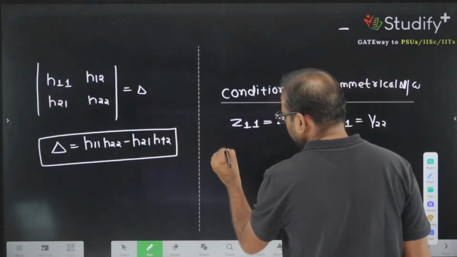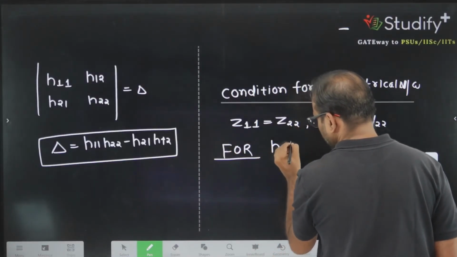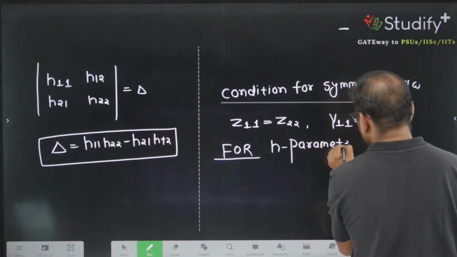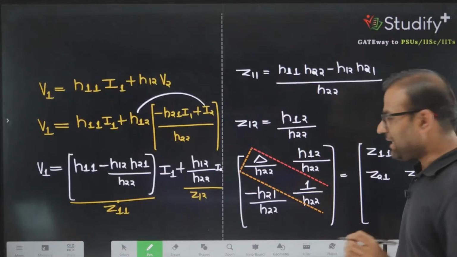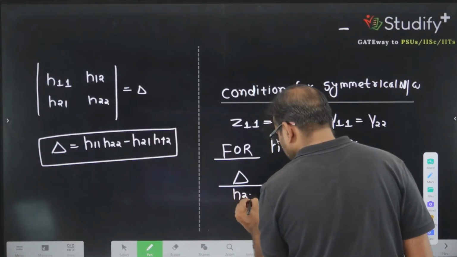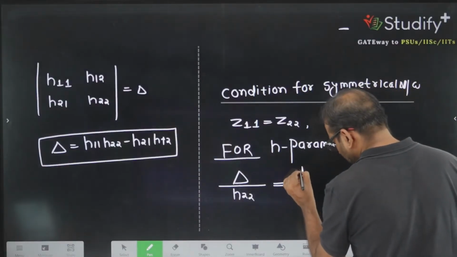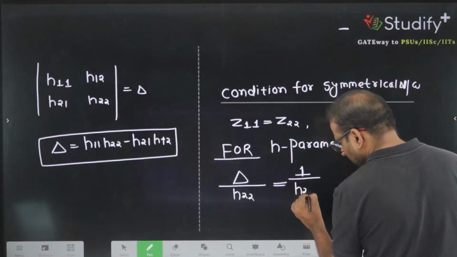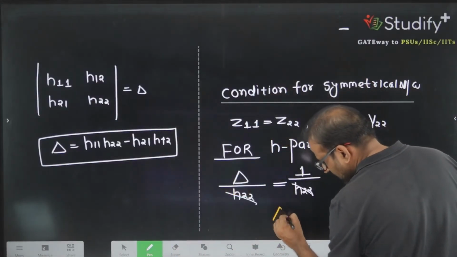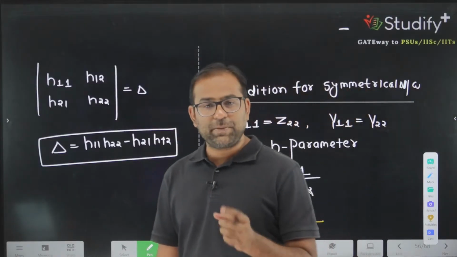So for H parameter, I can say this value del, the determinant, divided by H22, should be equivalent to 1 divided by H22. This value is cancelled. If the determinant is 1, you can say the H parameter model is symmetrical.